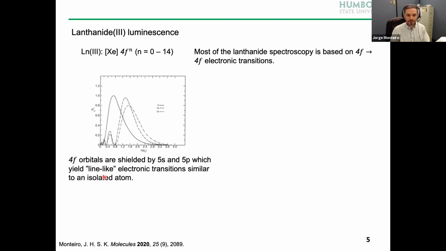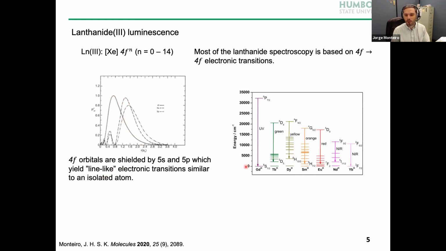And because of that shielding, we can modulate the emission wavelength as a function of the metal. For example, gadolinium has its main transition in the UV, and no matter the solvent or what you have around the gadolinium, the energy is not going to change much.